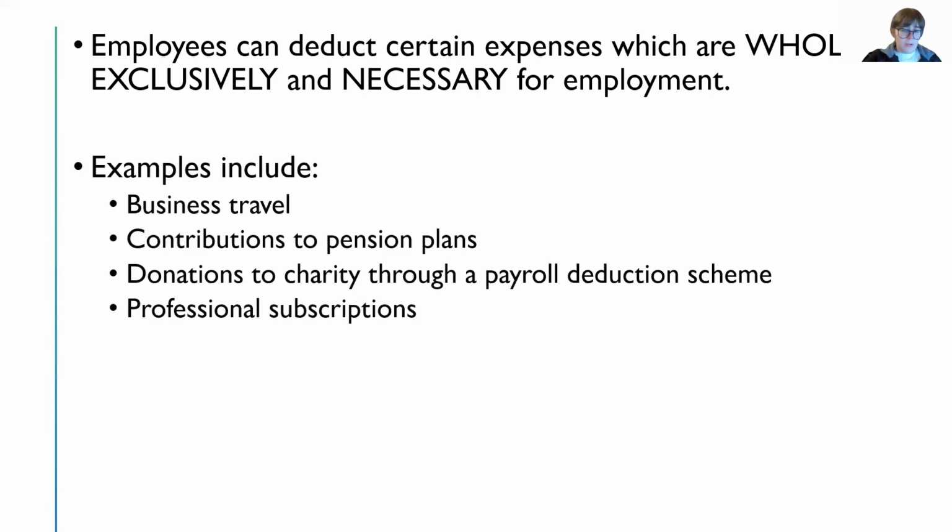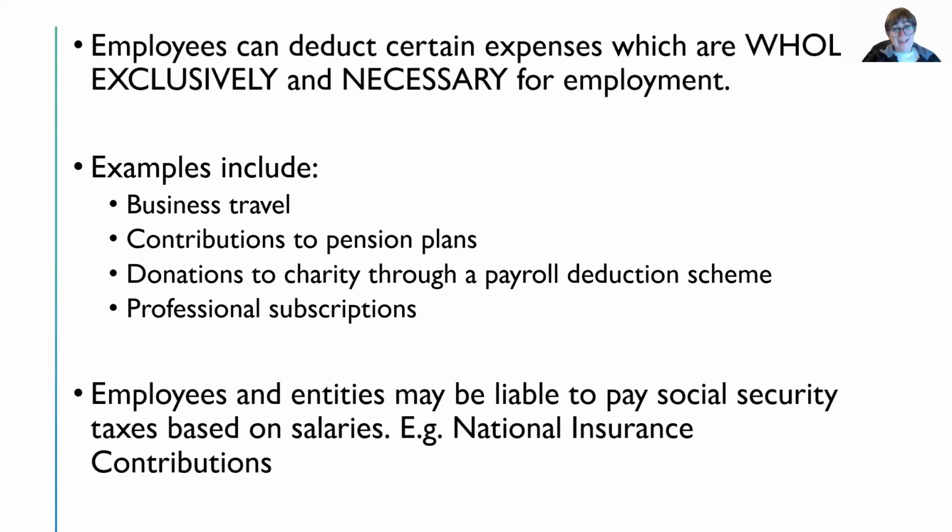So things like contributions to your pension plan, professional subscriptions, if you donate to a charity through a payroll deduction scheme, or it could even be for business travel. Employees and entities may well be liable to pay social security taxes based on salaries. This is what is known as your national insurance contributions here in the UK.